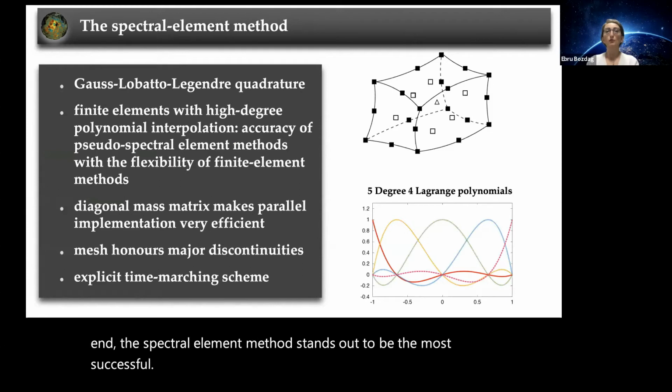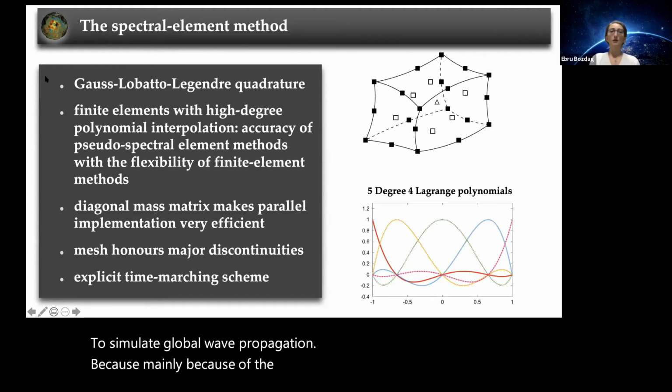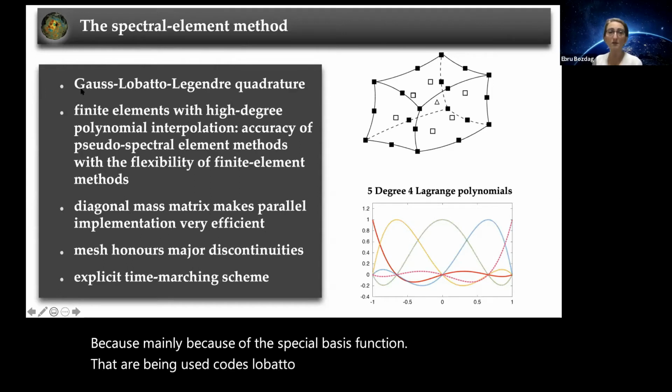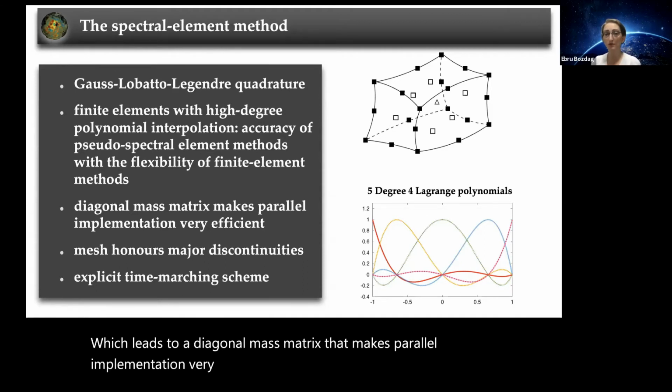to simulate global wave propagation, mainly because of the spatial basis functions that are being used, Gauss-Lobatto-Legendre polynomials, which lead to a diagonal mass matrix that makes parallel implementation very efficient and makes these global wave simulations feasible.